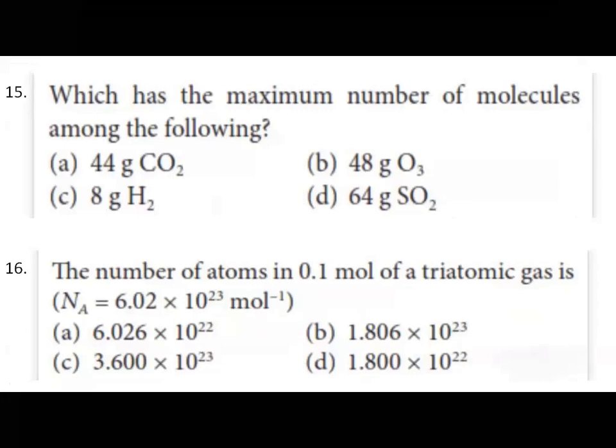Next question. Which has the maximum number of molecules among the following? 44 grams of CO2, 48 grams of O3, 8 grams of H2, or 64 grams of SO2, sulfur dioxide. So they have taken 4 different gases. Which one will have the maximum number of molecules?